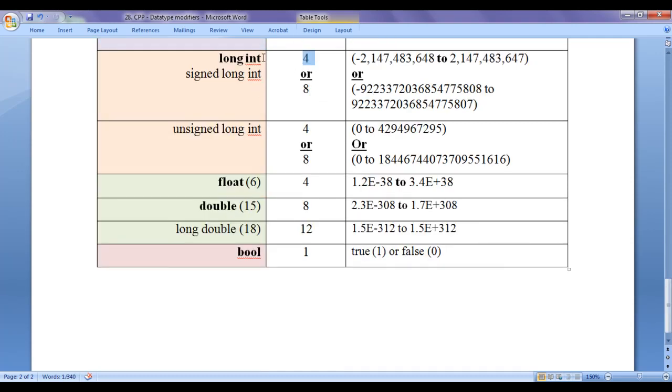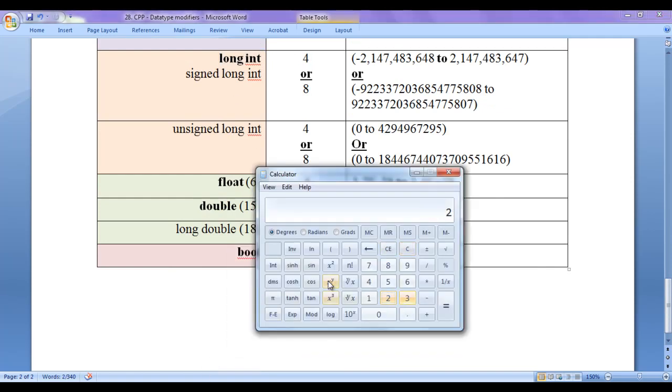Inside 4 bytes of long int type memory, we can store 2 raised to the power of 32, 4,294,967,296 values, guys. If I divide it by 2, it becomes 2,147,483,648.